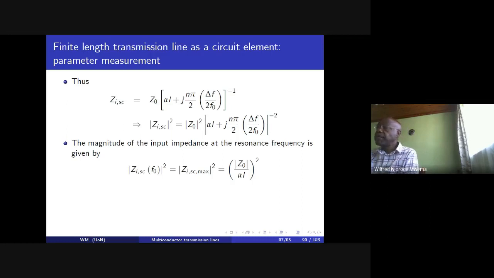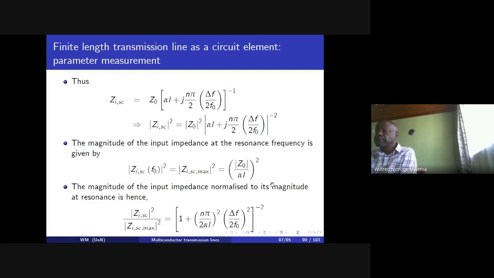We are going to replace f by f naught everywhere, and we get the maximum value, and that maximum value is the modulus of Z0 divided by alpha L all squared. This is the parallel circuit we were talking about.